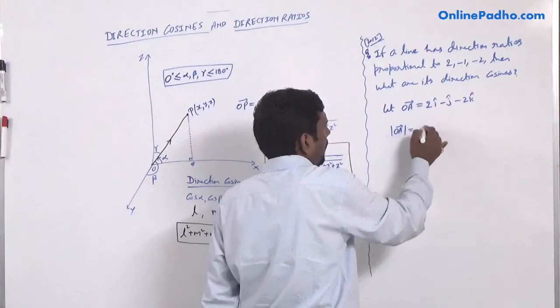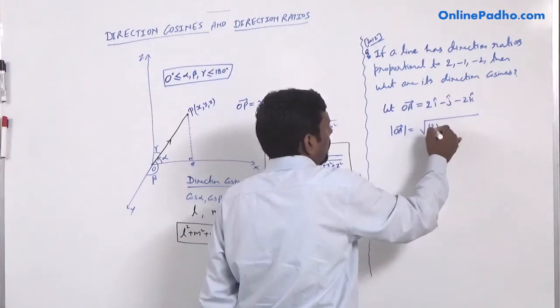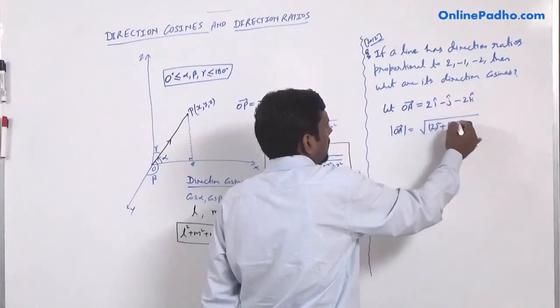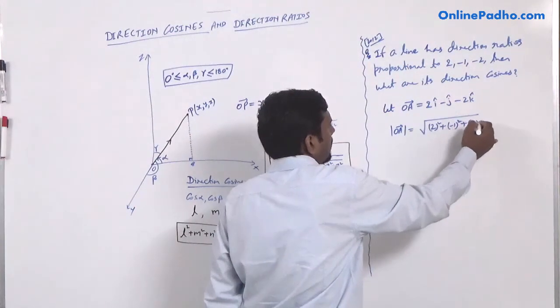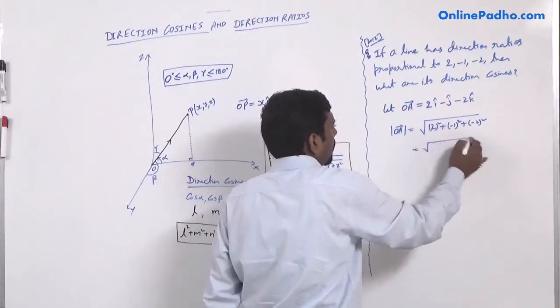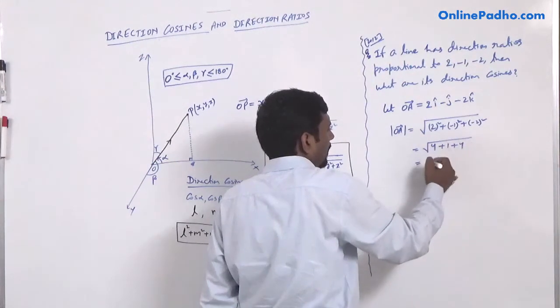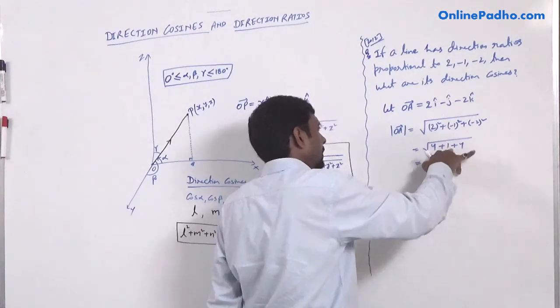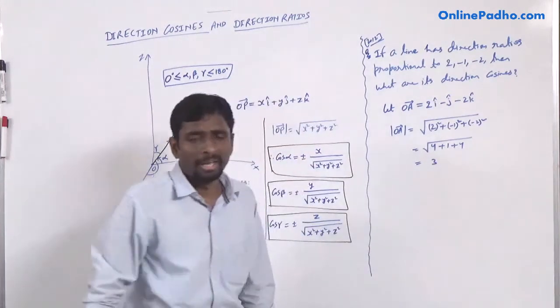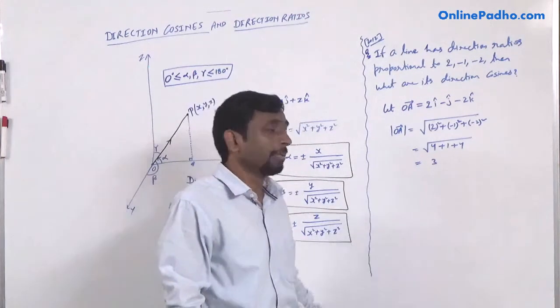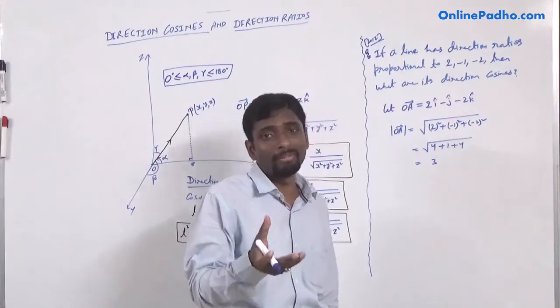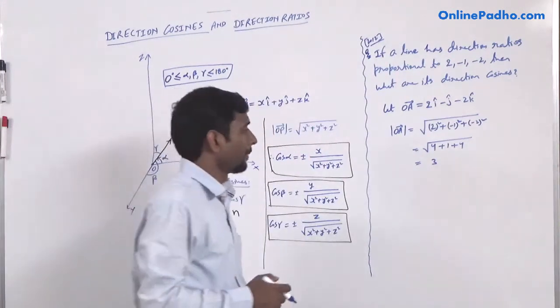So magnitude of OA can be written as square root of 2 square plus minus 1 square plus minus 2 square. That will be 4 plus 1 plus 4. 4 plus 4, 8 plus 1, 9, root 9 will be 3. And we cannot write minus 3 here because OA magnitude is the length of the OA vector. Right?